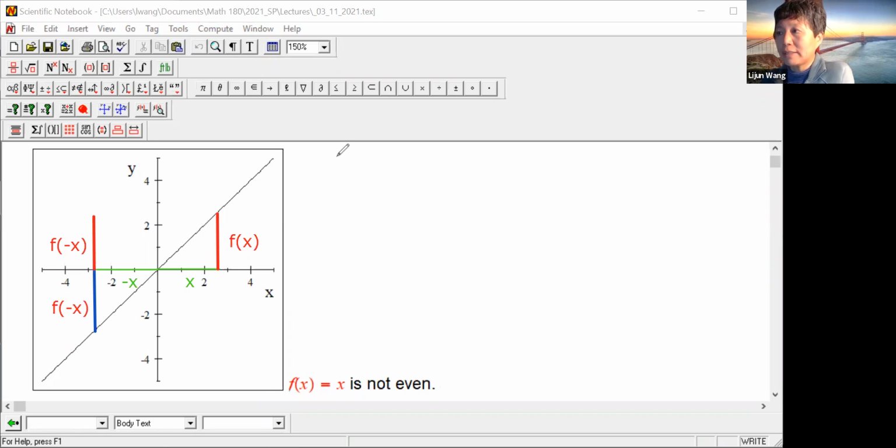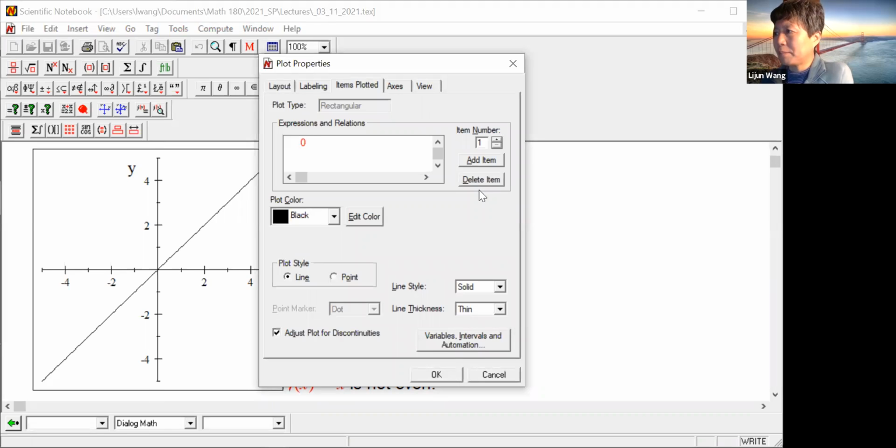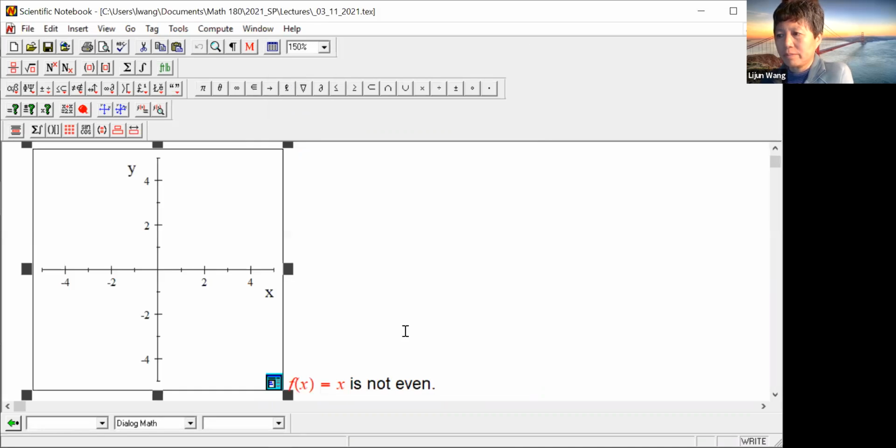Okay, I want you to draw it again. I'm going to clean this up and remove this line. So we know this example is not an even function, right? So now you get the idea, right?